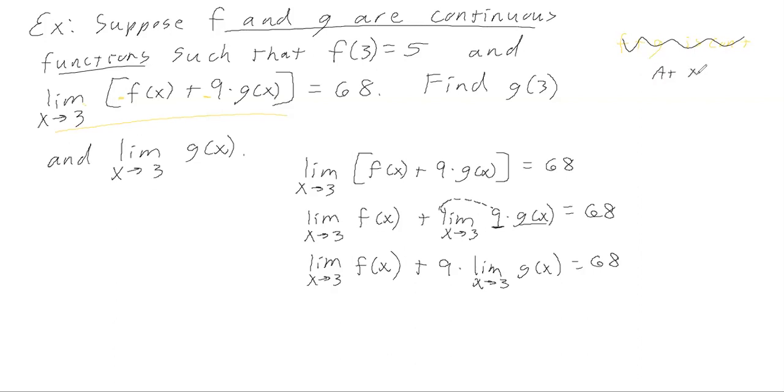At x is equal to 3, if I have continuous functions, doesn't that mean for f, condition 1, f of 3 is defined? Condition 2, the limit as x approaches 3 of f of x exists. And condition 3, doesn't it mean that the limit as x approaches 3 of f of x is equal to f of 3? Sure does.